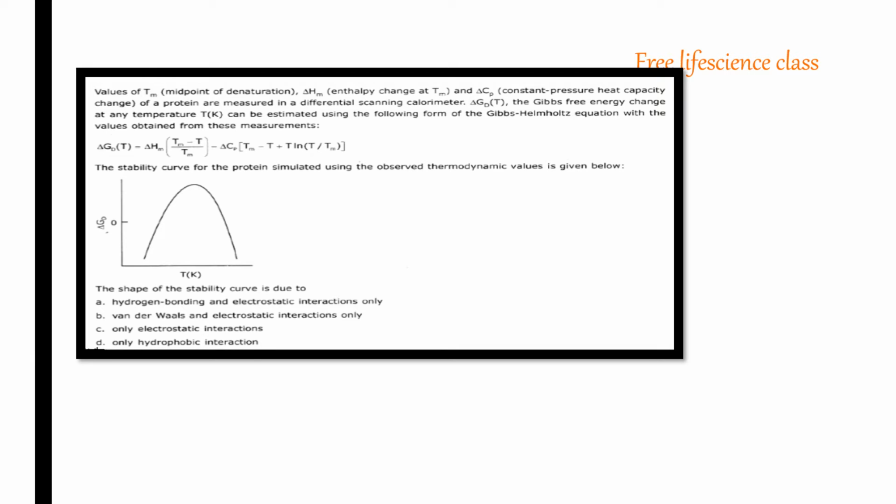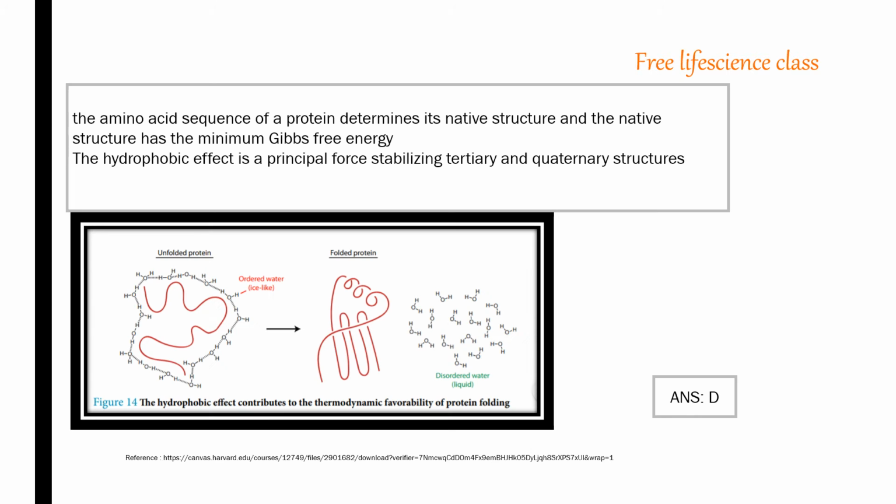The third option is only electrostatic interaction, and option D is only hydrophobic interaction. So the answer for this question is only hydrophobic interaction, because for protein folding this hydrophobic interaction is very important.